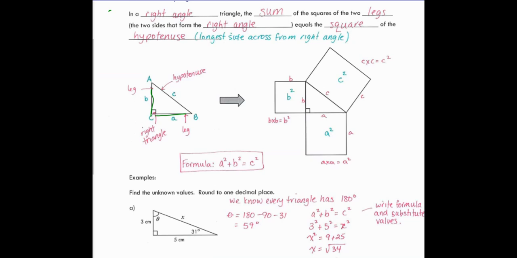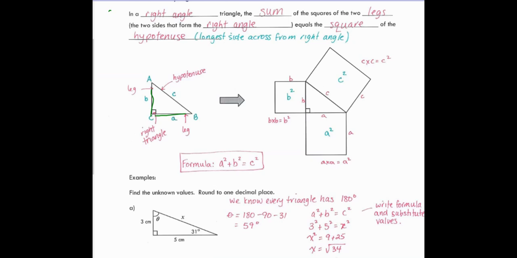That doesn't really matter, but what matters is the vertices are written in uppercase and the sides are written in lowercase. You'll notice that vertex A is across from side A, vertex C is across from side C, and so on and so forth for B.